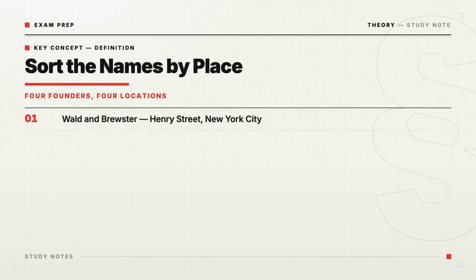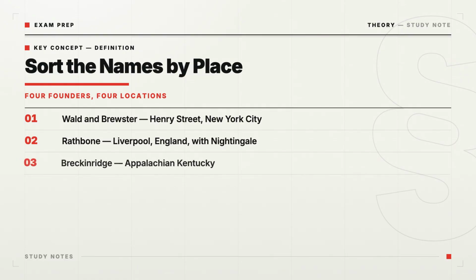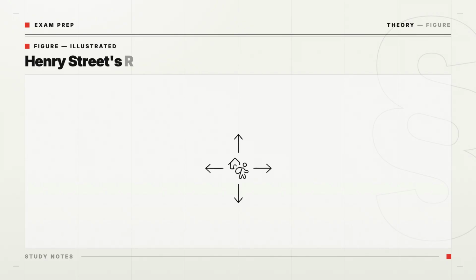Lillian Wald and Mary Brewster founded the Henry Street Settlement in New York, where Wald coined the term public health nurse. William Rathbone had already built the template in Liverpool, working with Florence Nightingale on district nursing for the sick poor. Mary Breckinridge later carried the idea into rural Appalachia. Keep these tied to their places and the exam traps mostly disappear.